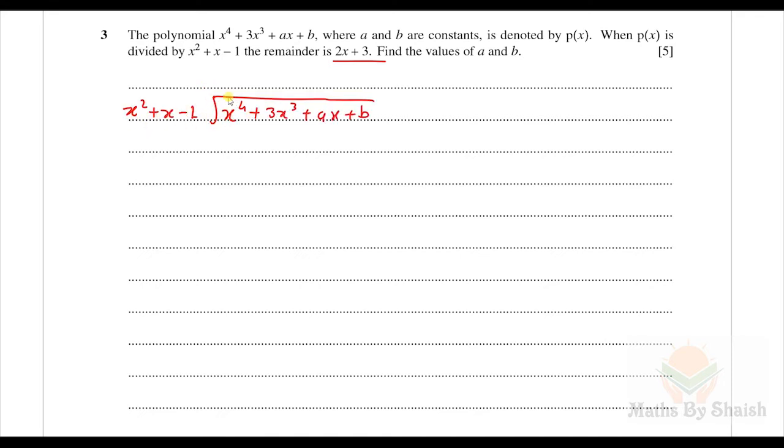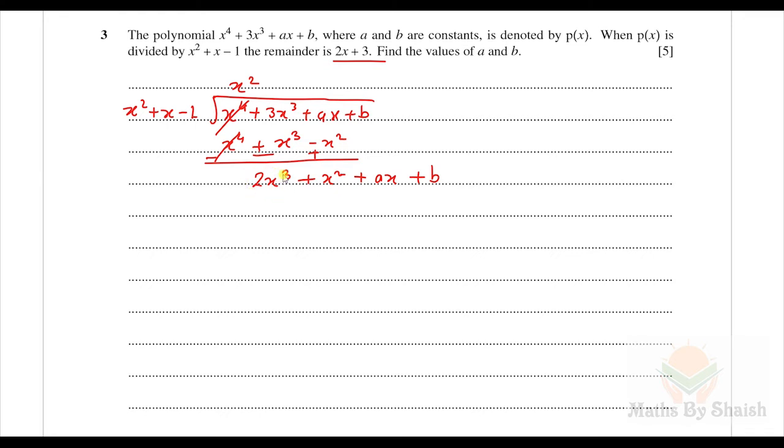If we divide this, the leading term is x to the power 4 and the divisor's leading term is x square, so x square times gives x power 4, plus x cube, minus x square. We change the sign, and these two cancel, and it is 2x cube plus x square first of all, because we write in descending order of powers of x, then plus ax and plus b, take it down.